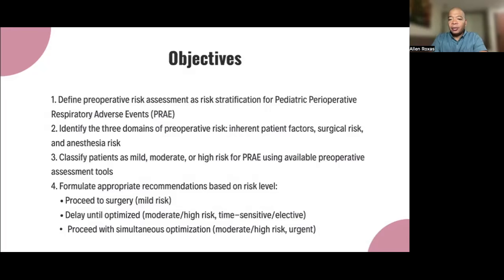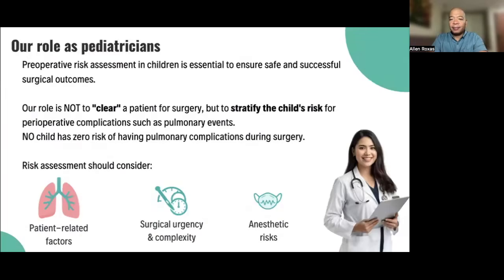Thirdly, we should be able to classify patients as having mild, moderate, or high risk for PRAEs using available assessment tools. And finally, we should be able to formulate appropriate recommendations based on the overall risk profile of the patient.